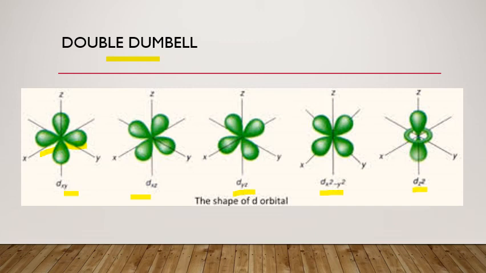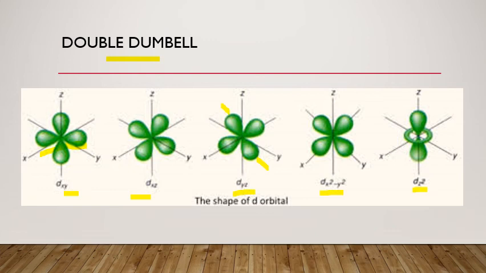The third one is yz. So here you see y and z. It represents this lobe of the dumbbell in between these axes, representing the dyz. According to the direction, you can make it very easily.